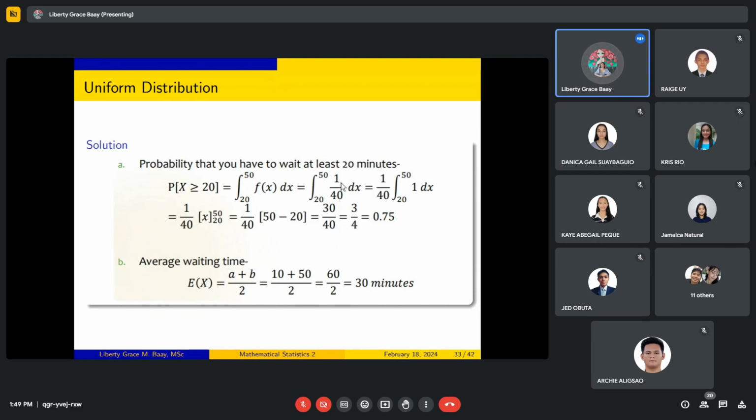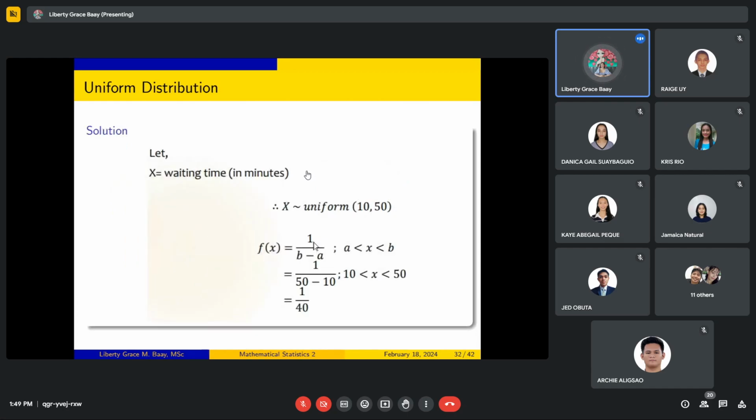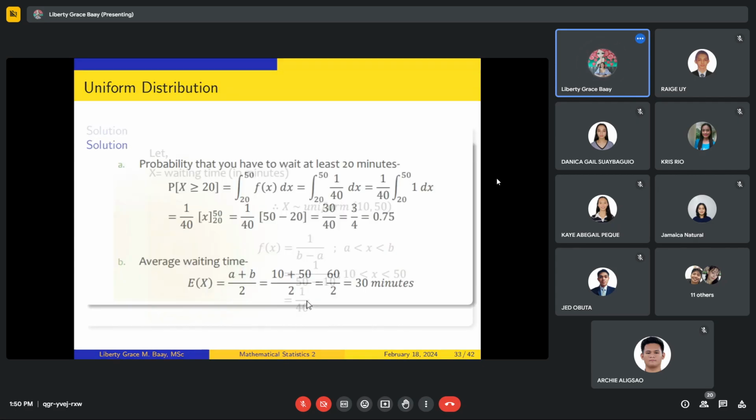So the integral of 1 over 40. So mao na siyang gamiton class kay mao naman din siya ang atong nakuha nga value sa atong f of x. Okay? Sa itong f of x class, kay dili na kini itong gamiton, kay nakipagahan matag value nga ato a is equal to 10 and our b is equal to 50. So kini na, 1 over 40. Okay?